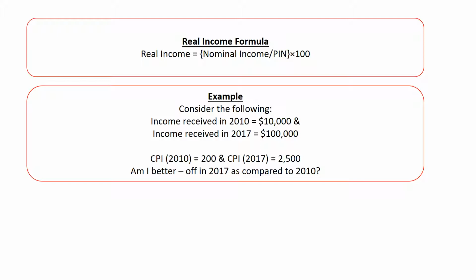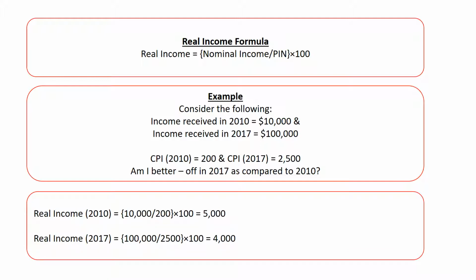What we do is calculate real income for each of the 2 years. So real income in 2010 will be my nominal income, which is 10,000, divided by the price index number, which is the CPI, 200 in 2010, and this ratio times 100 gives me 5,000.